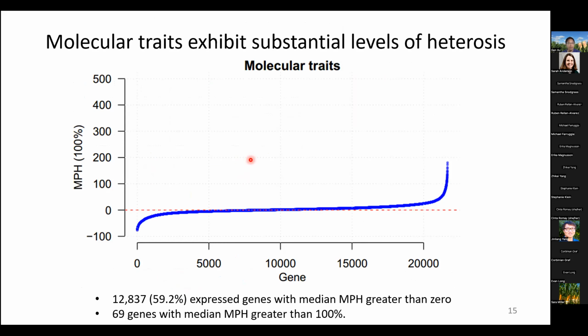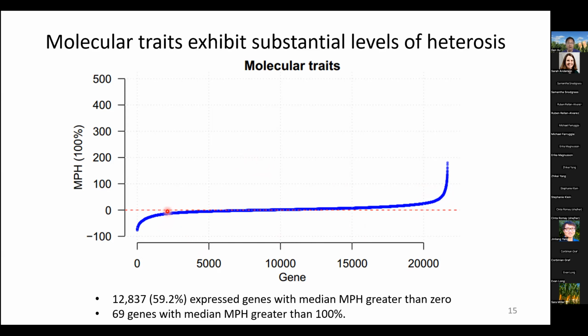So next, we calculated middle parent heterosis for our expression data. For each gene, we have their middle parent heterosis data. Here in the plot, the x-axis is the gene ID, and the y-axis, each dot means the median value of each gene's expression heterosis. The red dashed horizontal line is our threshold.